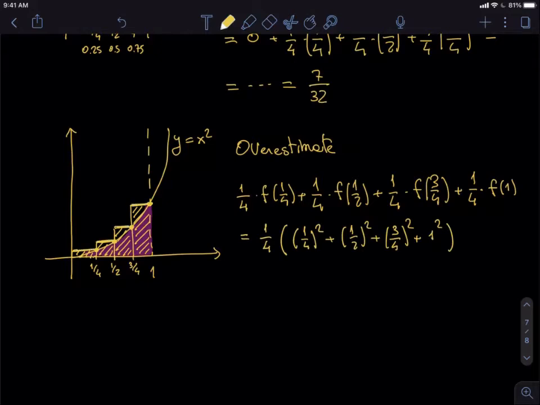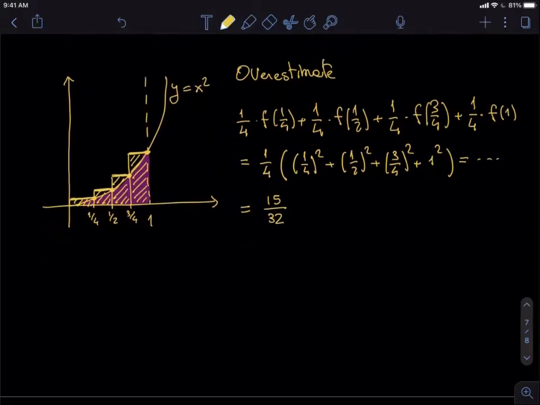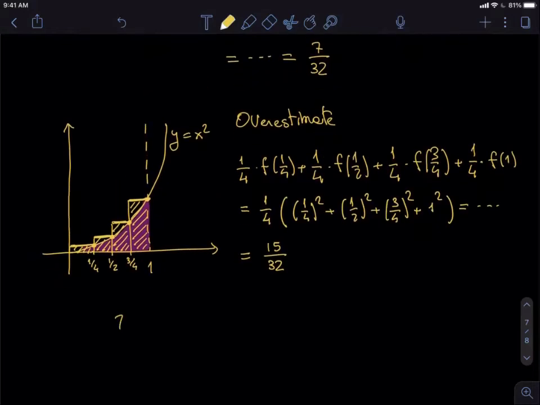And then again, we can compute this using the calculator. And we are going to get, I wrote it as a fraction, 15/32, but we can also write it as a decimal number. Okay. And something that we know for sure: this may not be a perfect estimate, but something that we have already learned is that the area we wanted is in between these two.